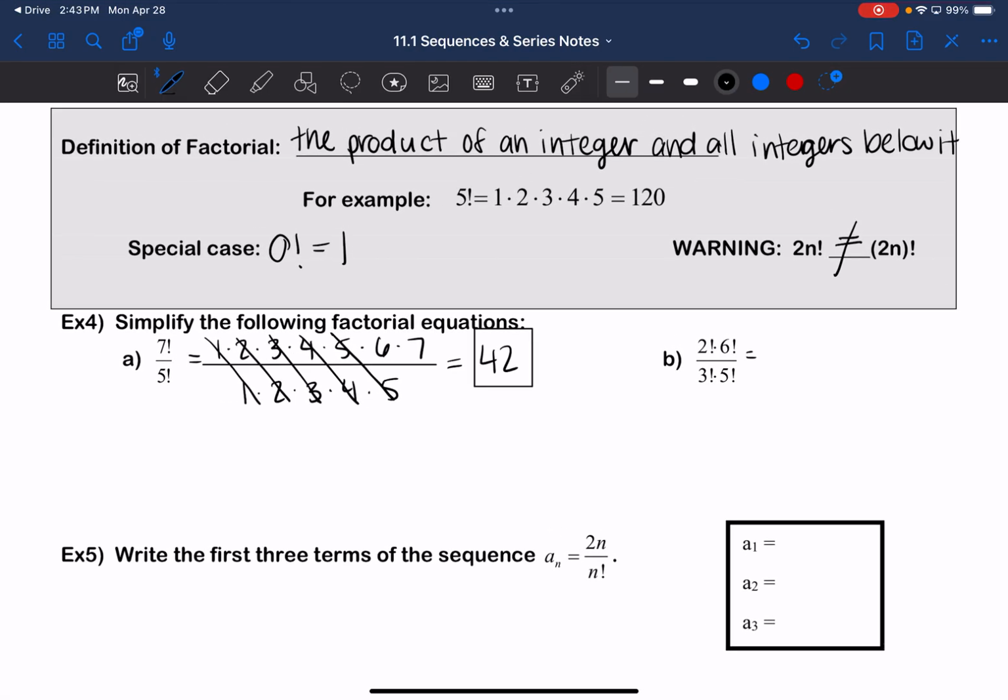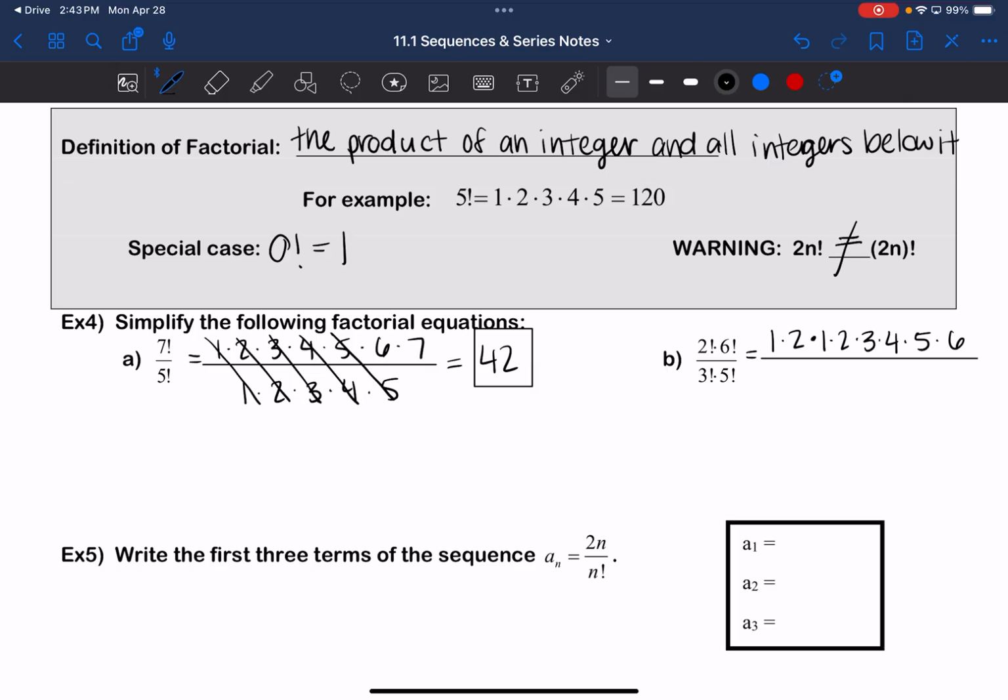On part B, we've got 2 factorial, which would mean 1 times 2, right? And then we would multiply that times 6 factorial, which would be 1 times 2 times 3 times 4 times 5 times 6.